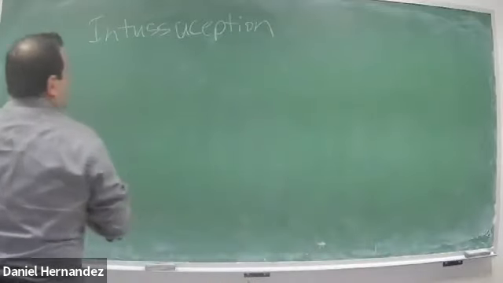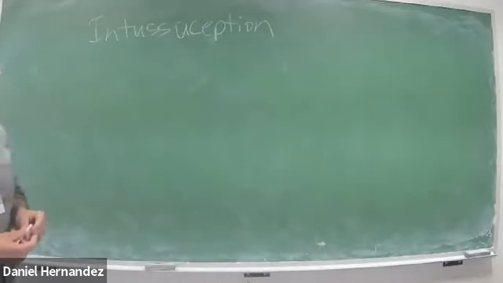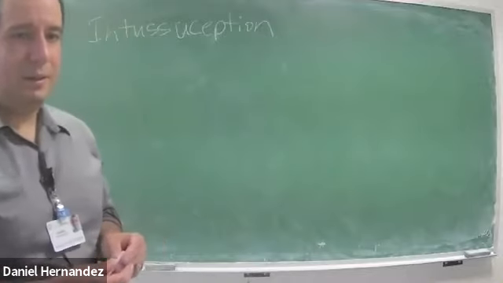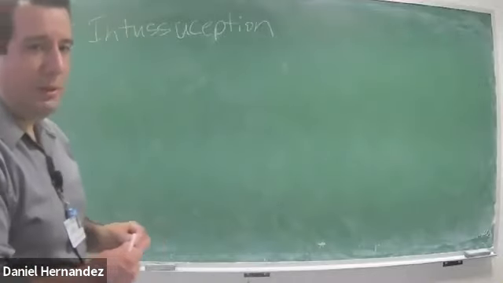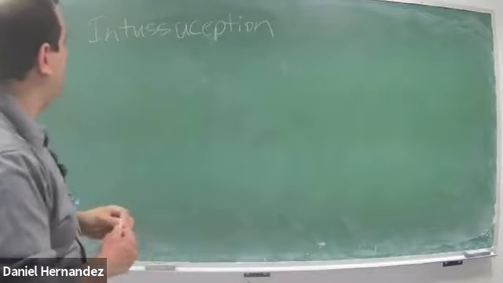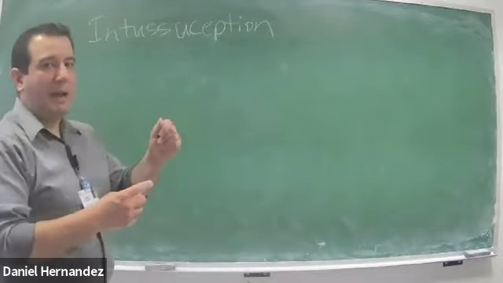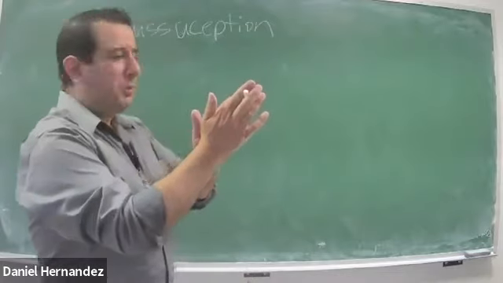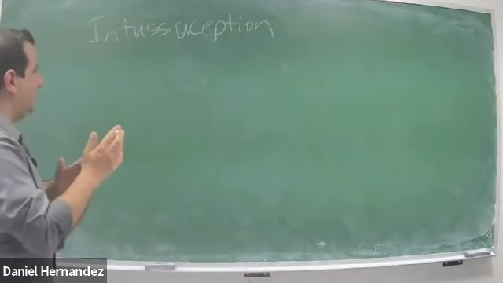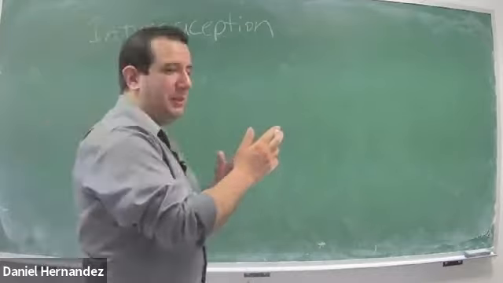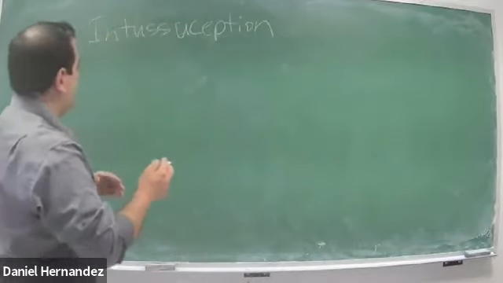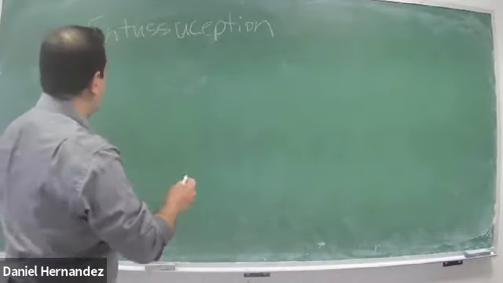So the best way to think about intussusception, it's a telescoping of bowel into each other. So you get two loops of bowel, and one pushes itself into the other and actually causes a telescoping into that first loop of bowel.